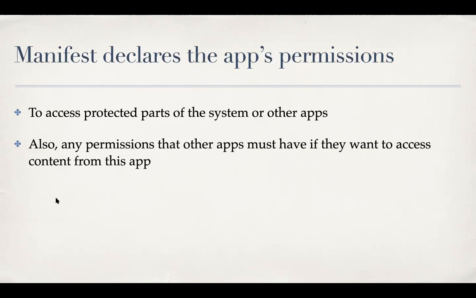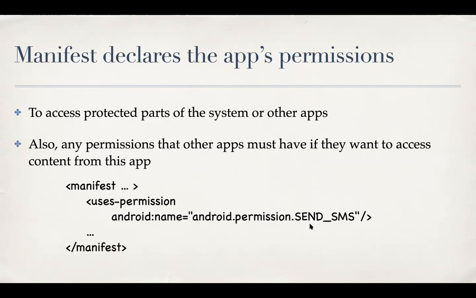Another use is that you can declare that your app requires these permissions. So if a third app is trying to invoke some part of your app, it must request those permissions first, right?